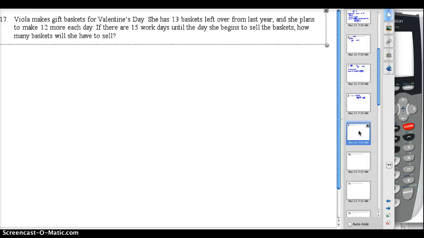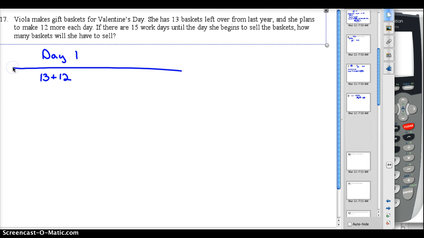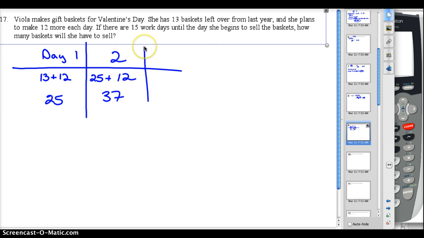On day 1, she had 13 baskets from last year. And plus she's going to make 12 more. So she's going to have 25 baskets on that first day that she can sell. And then on day 2, she starts the morning with 25 baskets and adds another 12 to it. So she has 37.